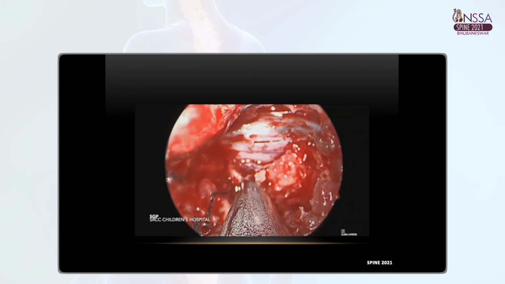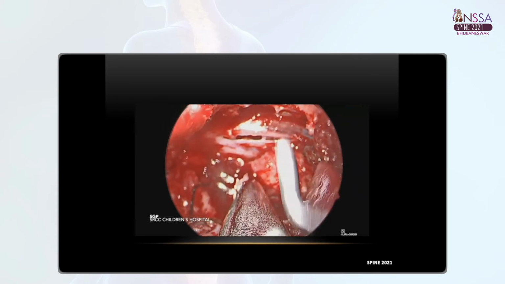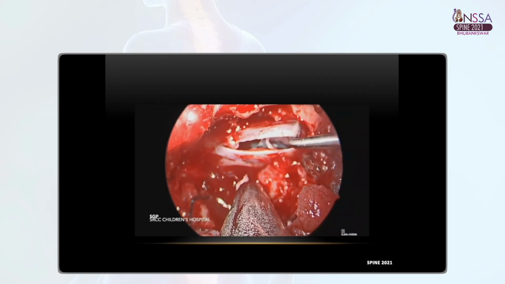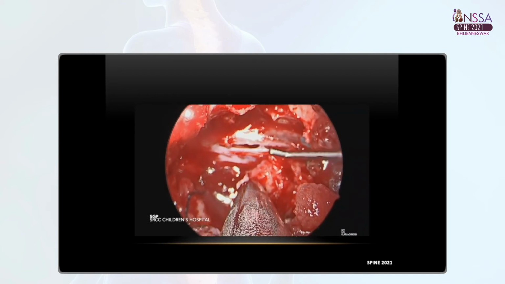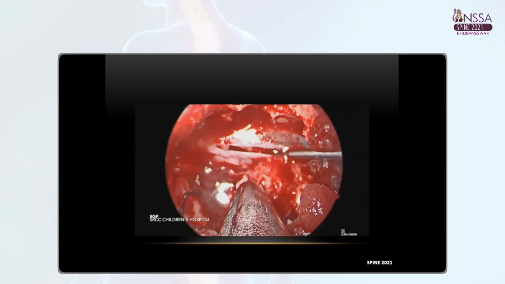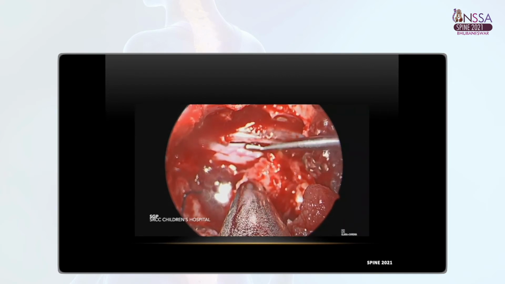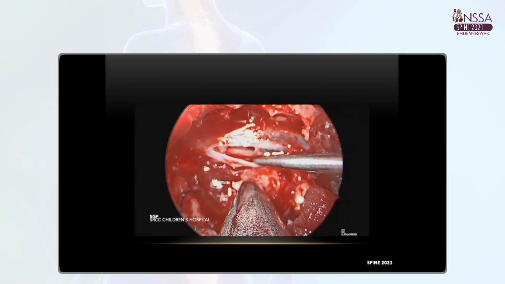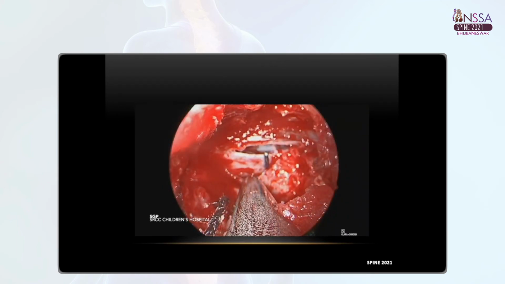Suction, patty, everything can be used. There is no need for further highly specialized instrumentation that other systems demand for use of the Descendo endospine system. This opening is approximately 7 to 8 millimeters in the dura. The shorter opening is always better for detethering to avoid retethering.